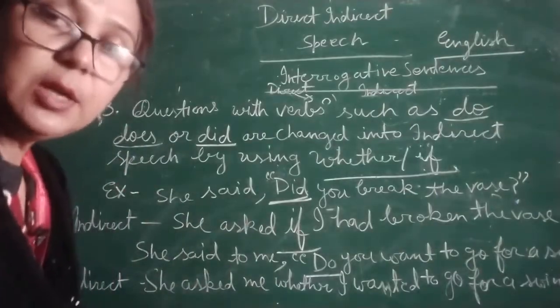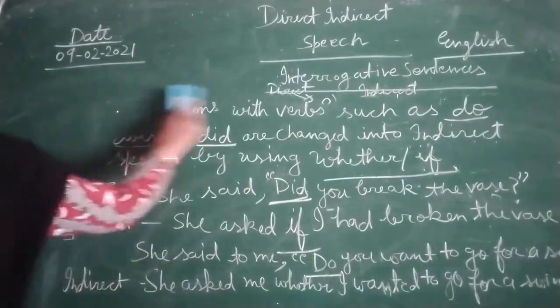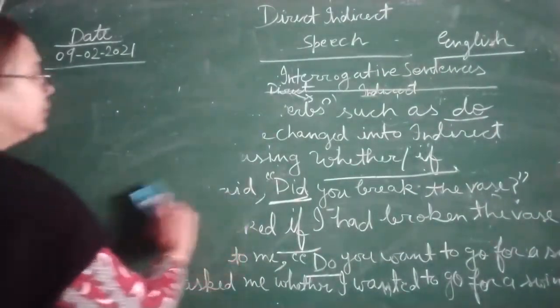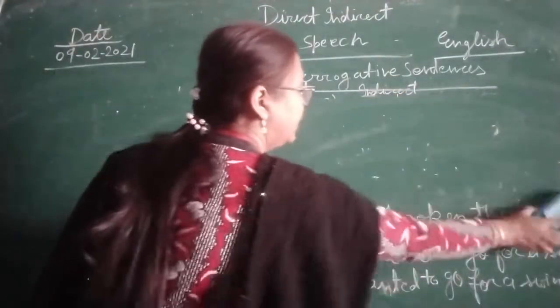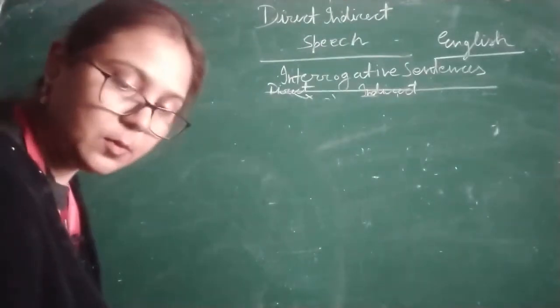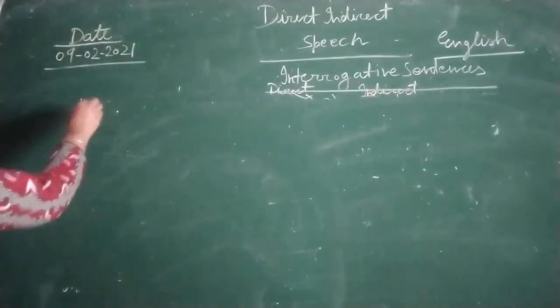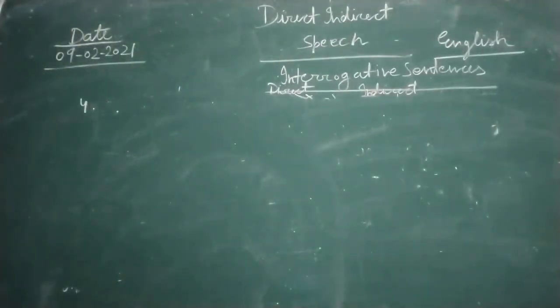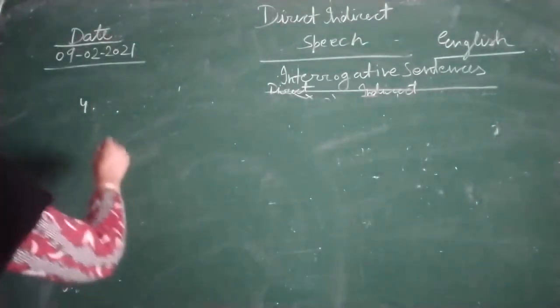Now we are moving to the fourth rule. Write it down, children. The fourth rule is yes or no questions.